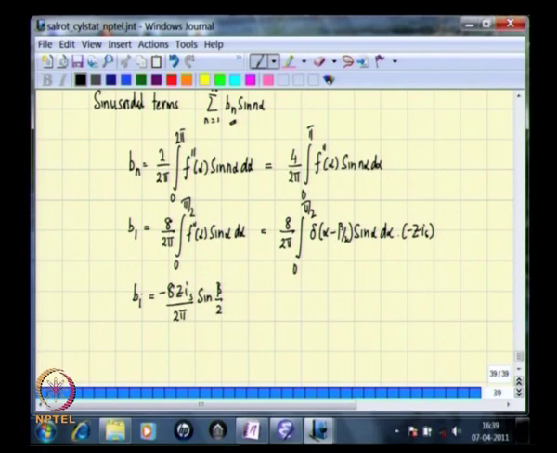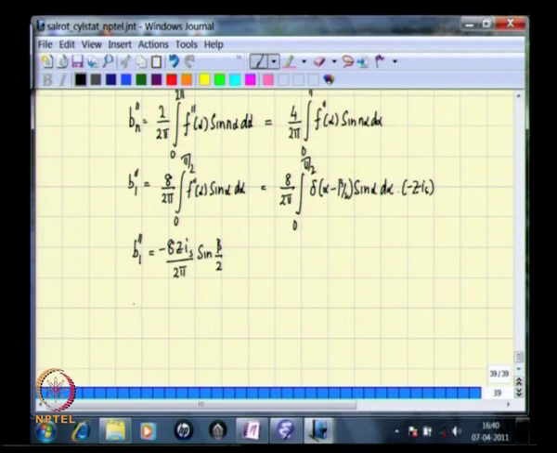Now how to get this is B1 of the second derivative function. So let us indeed call this as Bn double dash to remember that we are talking about the second derivative function, and from this we need to go to the first derivative function B1 dash.